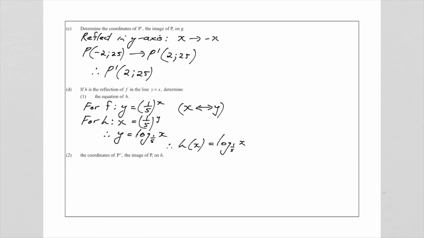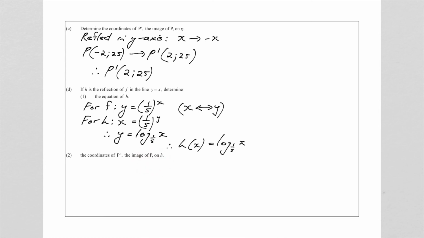Let's look at the last question here. In this one, they ask us for the coordinates of P double image. You can see with the two little lines there. It means we must find the second, because we already used P image. So now we use this notation to find another image of P. And that image will be on h.